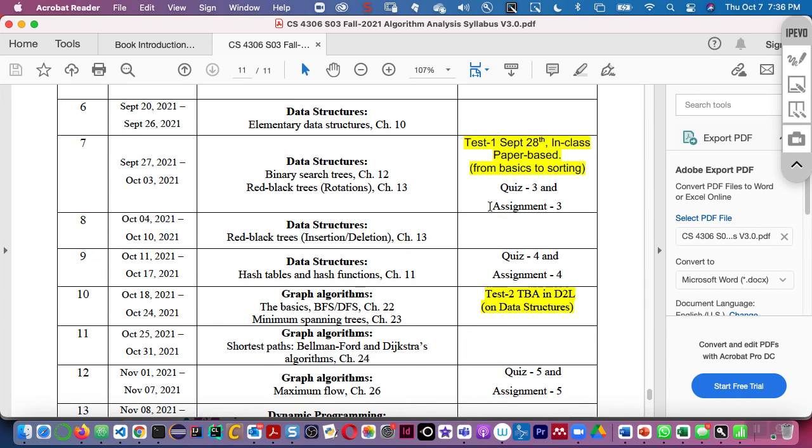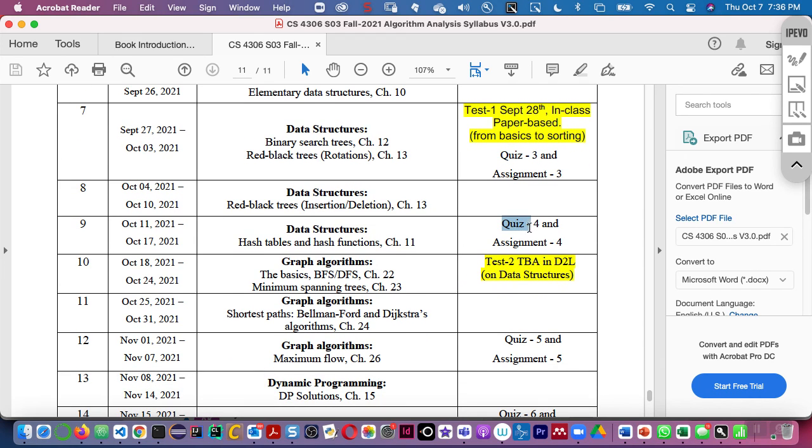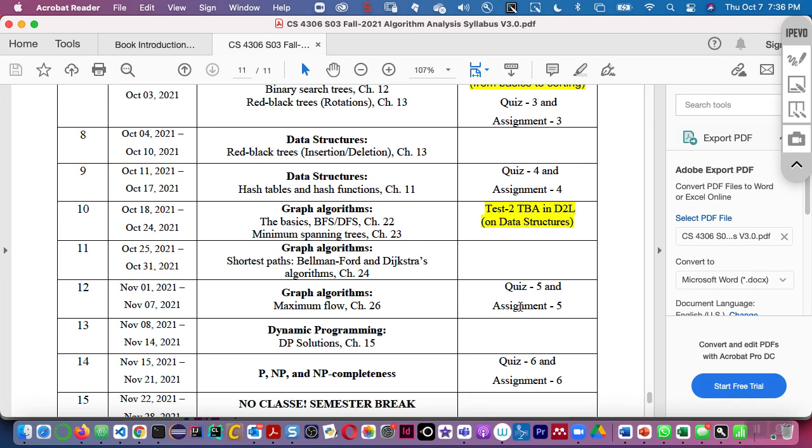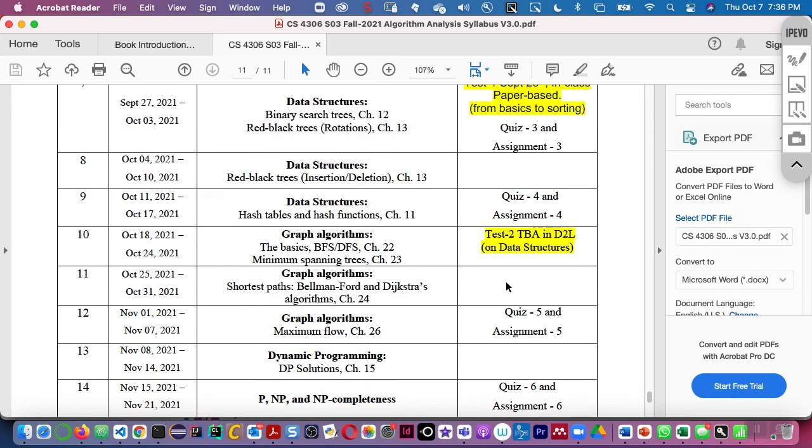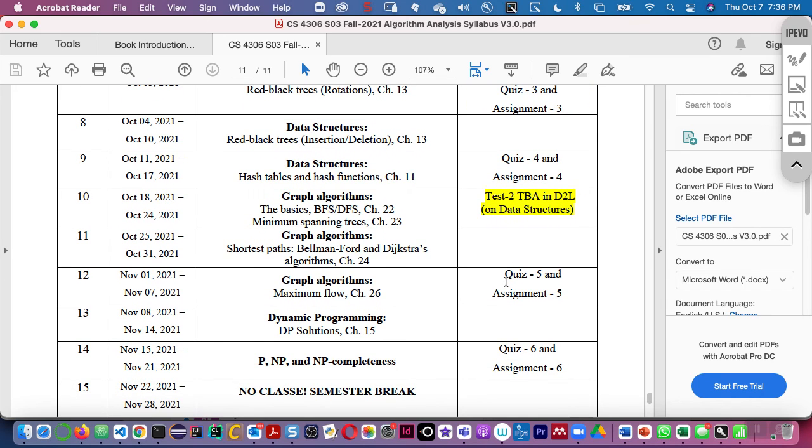We're in this week, right? We moved here, right? So then, if we moved the 10th, we did the quiz here. Then we need to move it here. Okay. One thing is that my target was, if I can give 5 quizzes and 5 assignments, I will drop the lowest grade.